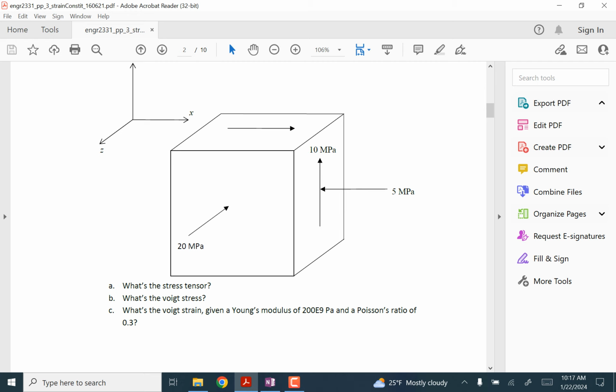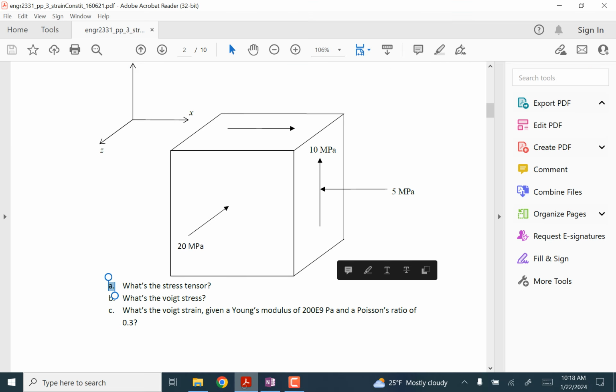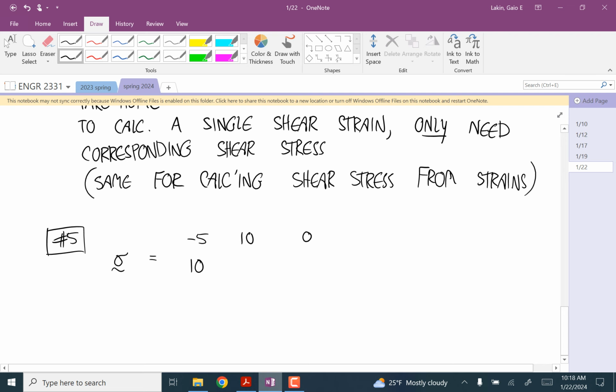Okay, so we got -5, +10, 0. Okay, so this is number 5. -5, +10, 0. That means this is 10. And we got nothing there. Nothing there. So everything else is zeros except a -20.